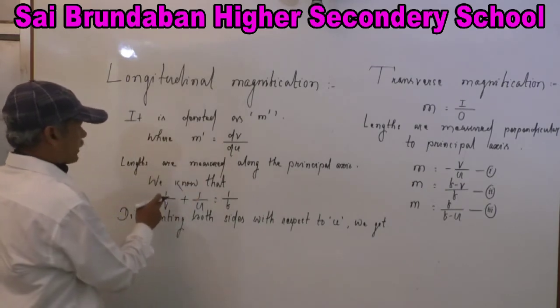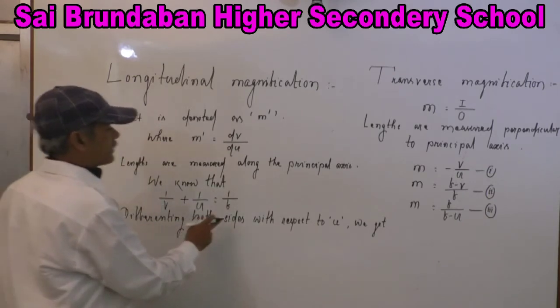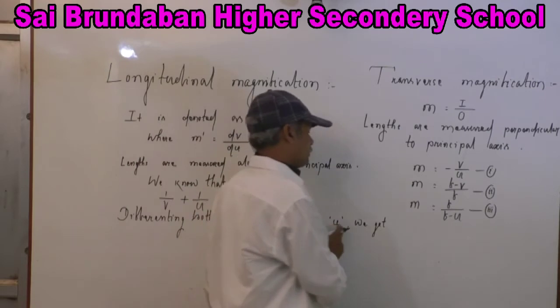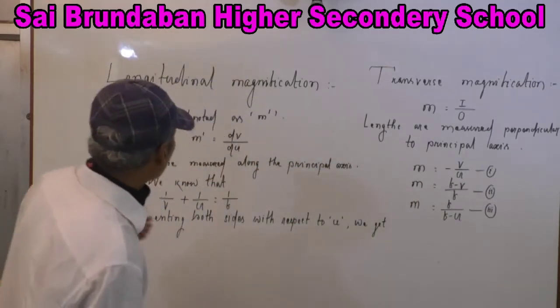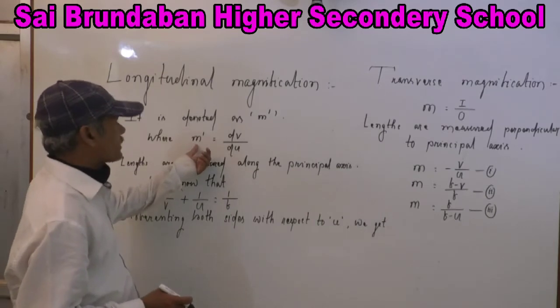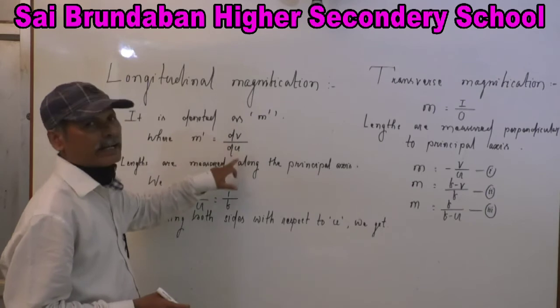We know that 1 by v plus 1 by u is equal to 1 by f. Differentiating both sides with respect to u, we get. Why differentiate with respect to u? Because here m dash, longitudinal magnification, is equal to dv by du.